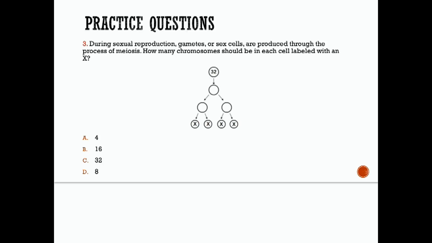Okay, so half of 32 is what? Okay, so hopefully you went with B, 16. So according to this diagram, the parent cell has 32 chromosomes, right? So each cell labeled with an X should have half that amount, 16.